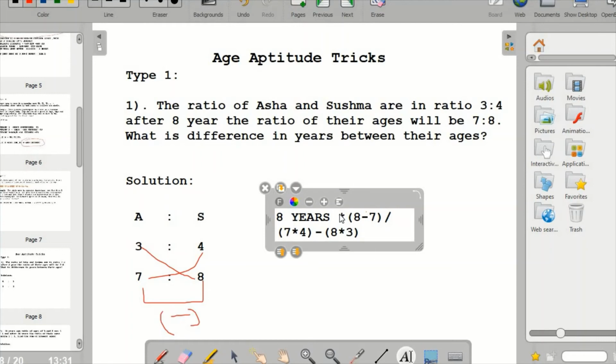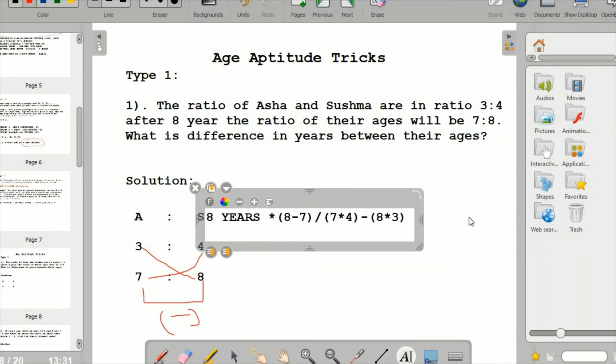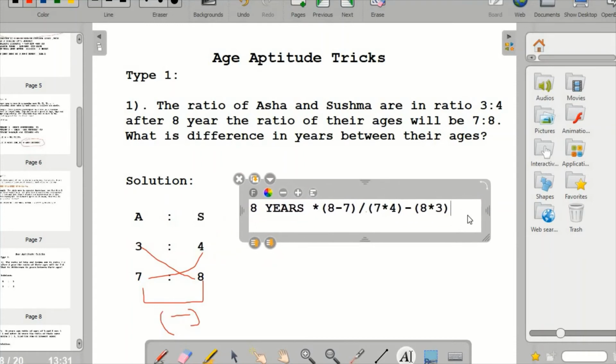This is the formula for calculating the age. So we need to find the difference.